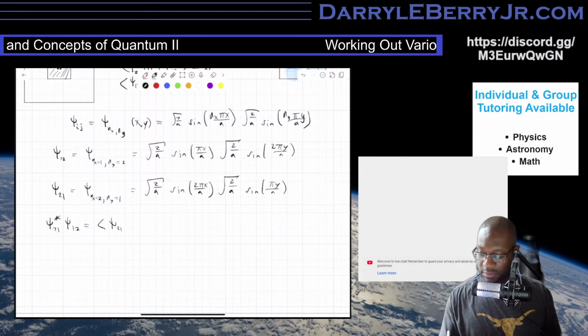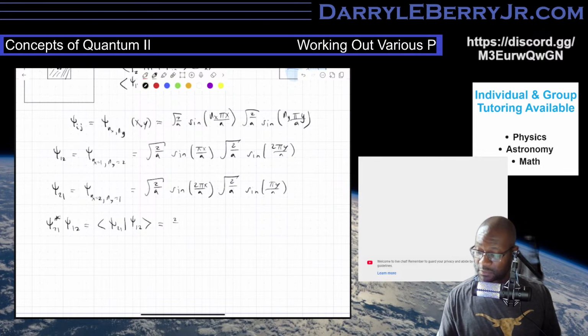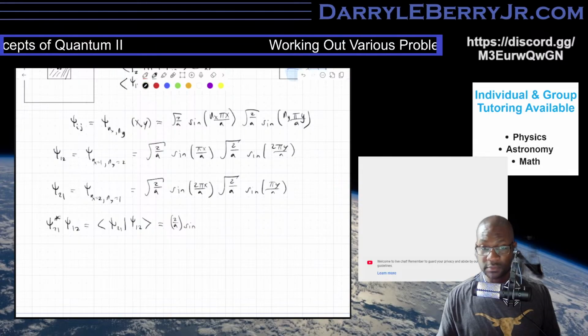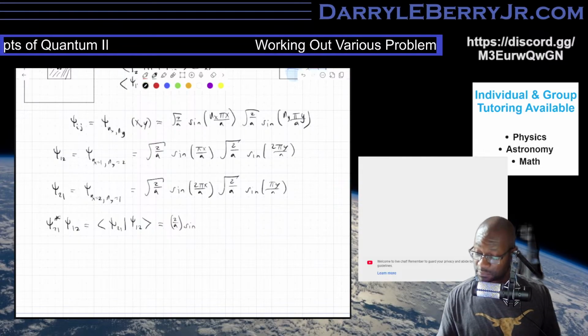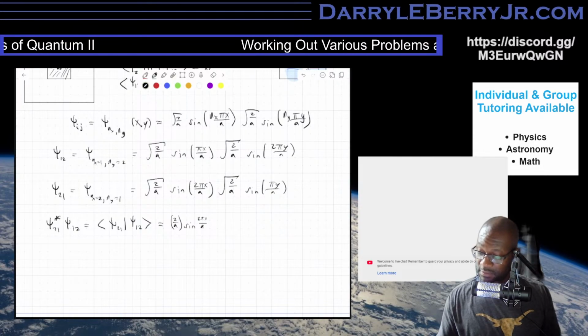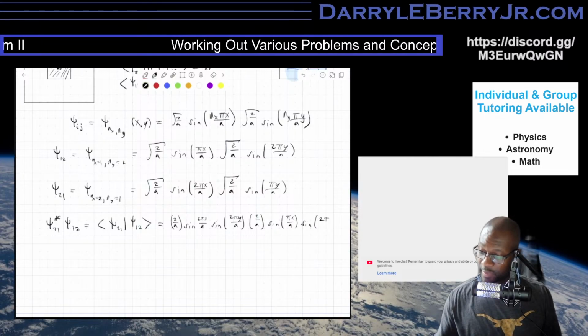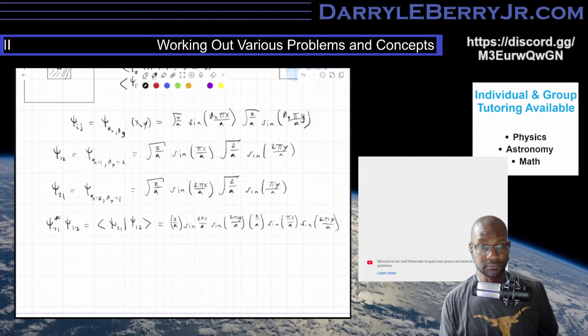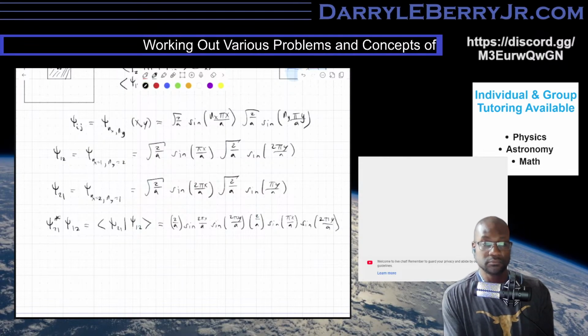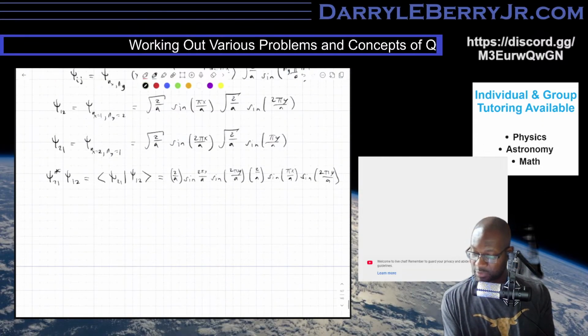That's going to be psi_21, psi_12. That's going to be 2 over a sine 2 pi x over a sine pi y over a, times 2 over a sine pi x over a sine 2 pi y over a. And this will be the perturbation matrix.